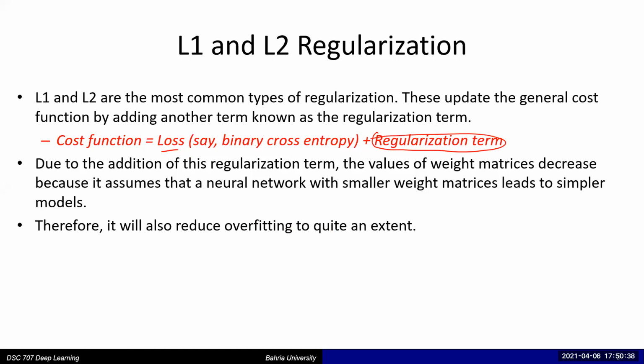And this is called a regularization term. And why do we add it? Because we want to penalize the weight matrices when the neural network is learning. The idea is to push some of the weights close to zero. That translates to a relatively simpler network, which in turn helps us reduce overfitting.